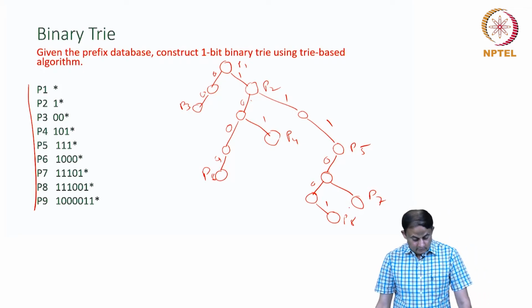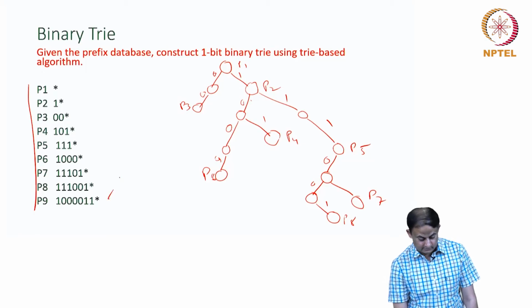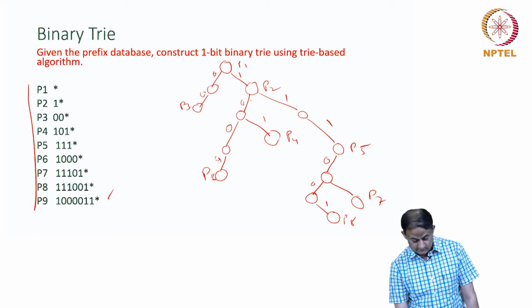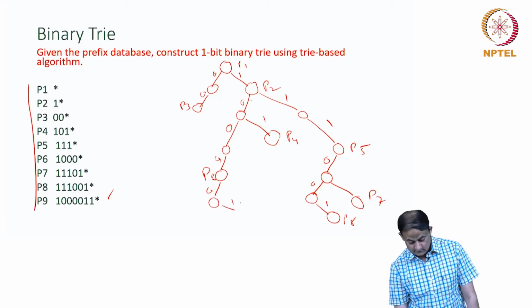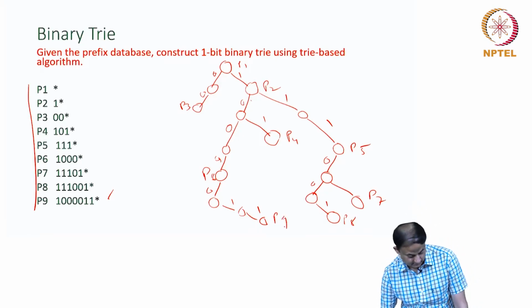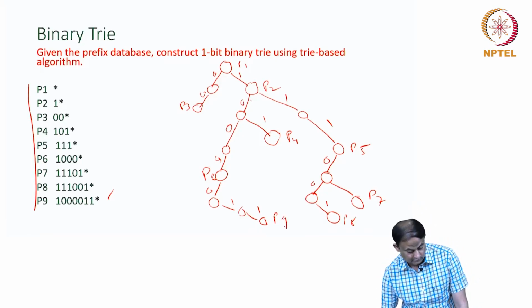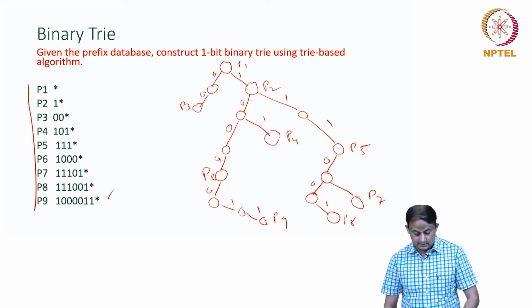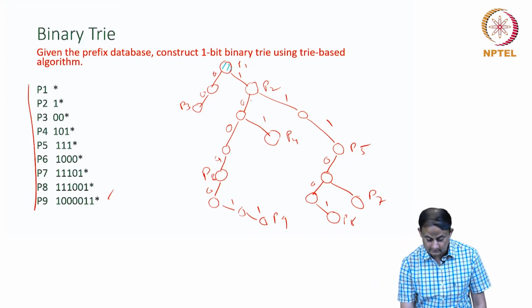P9 is 1 followed by 4 times 0 followed by 11 star. So, 1 followed by 3 zeros is already there, one more 0 gives this node, and then a 1 and then a second 1, this is my P9. I need to mark the nodes corresponding to prefixes, and I do it using the blue color here.